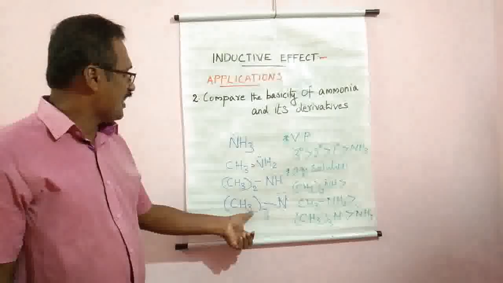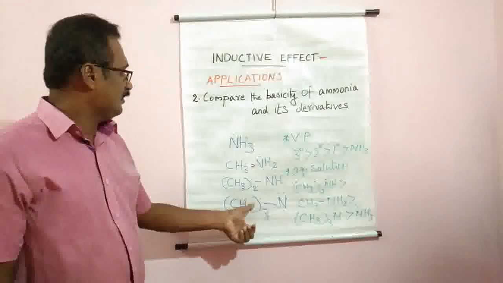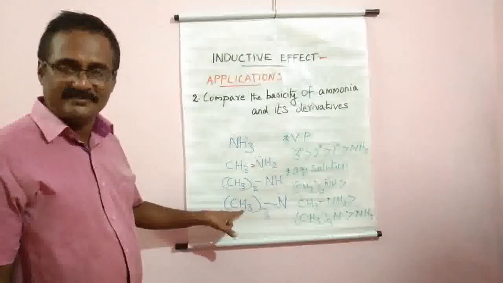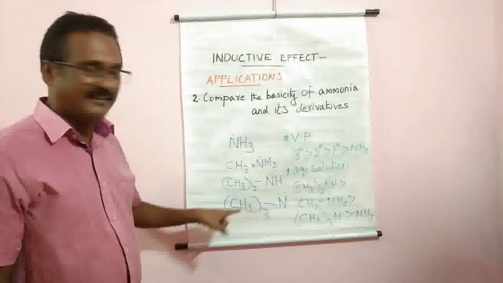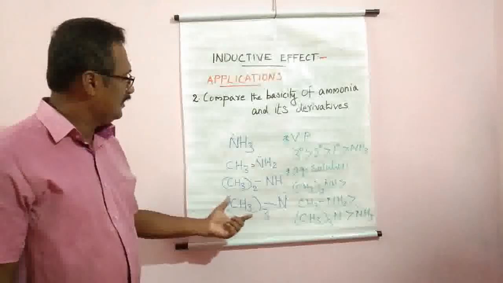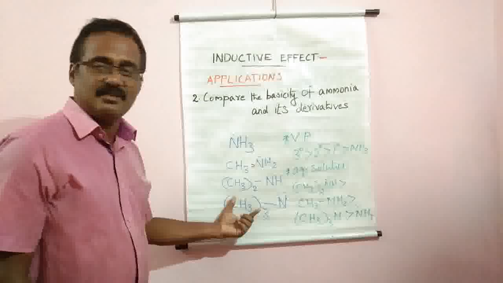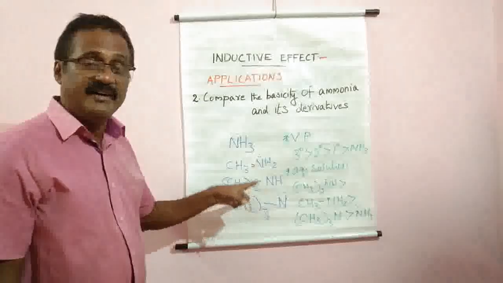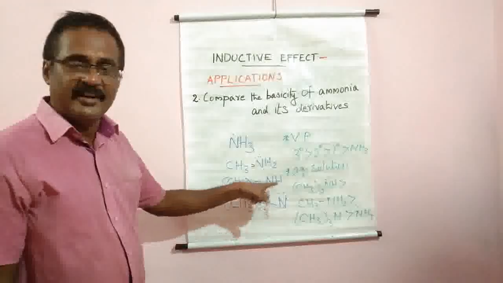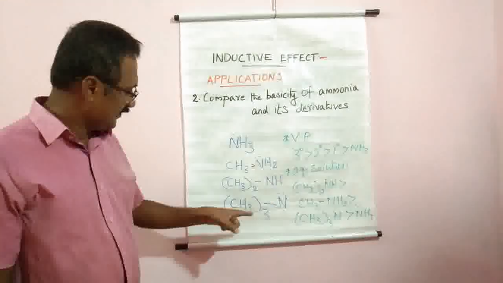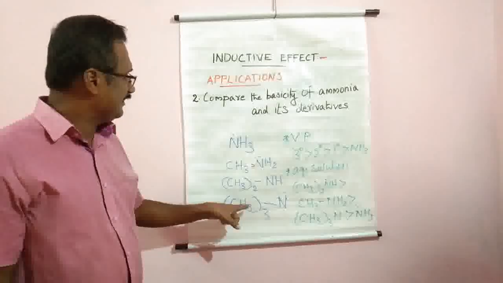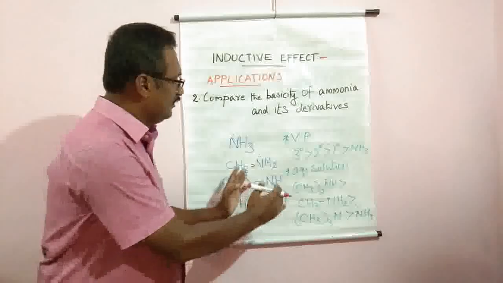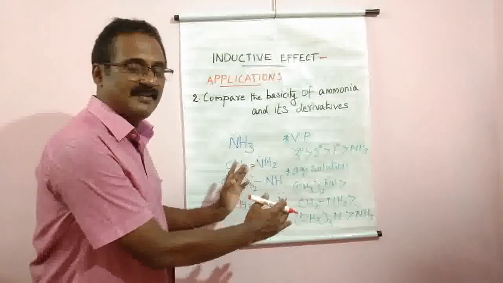In trimethylamine, look at that. There are three CH3 groups, all of them having plus I effect. But the bulky groups cause a steric effect. This is basic only when nitrogen can donate its pair of electrons. Okay. By the presence of three methyl groups, they cause a steric effect. As a result, nitrogen cannot give up its electron pair.